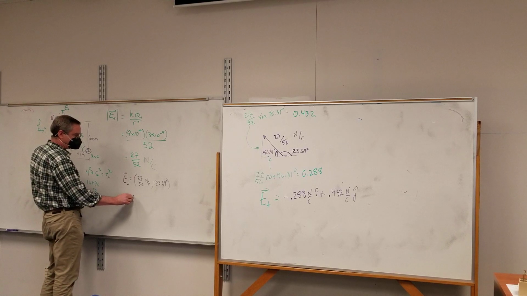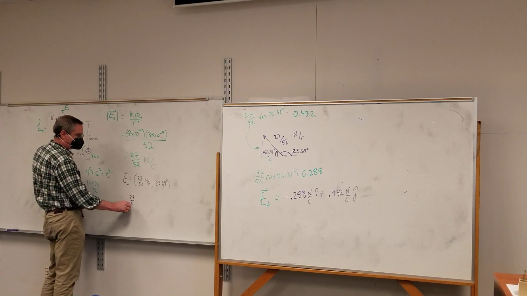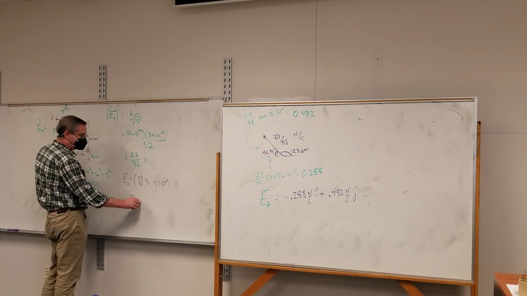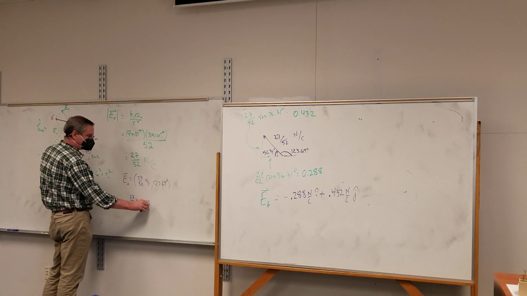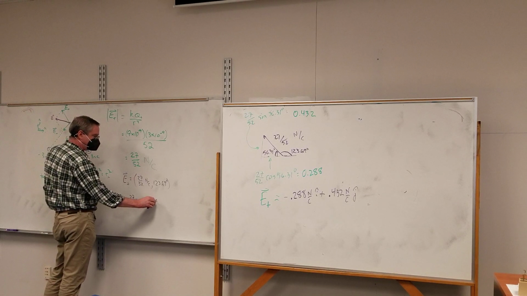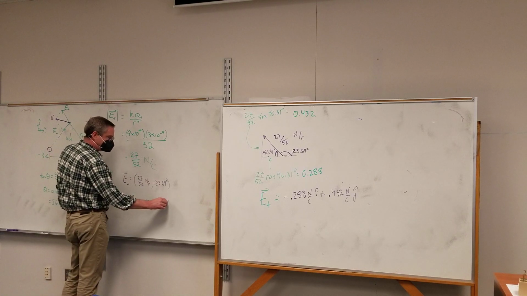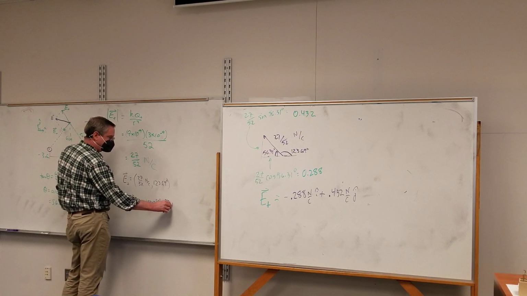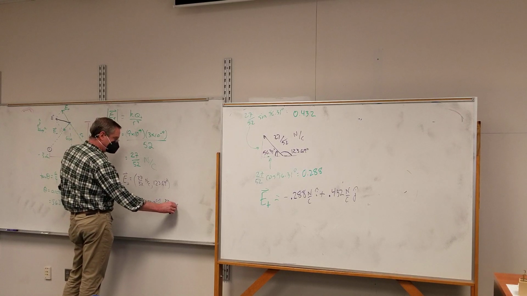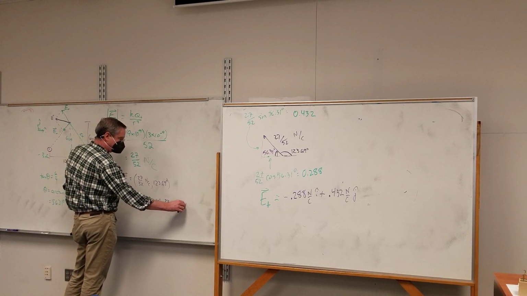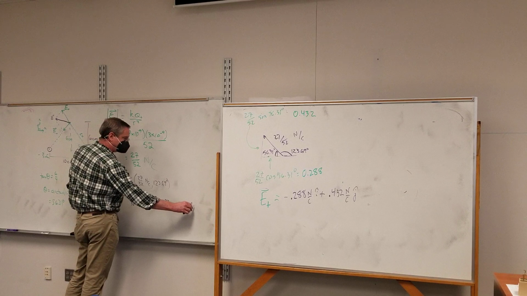This would be 27/52 newtons per coulomb times the cosine of 123.69 degrees i hat plus 27/52 newtons per coulomb times the sine of 123.69 degrees j hat.